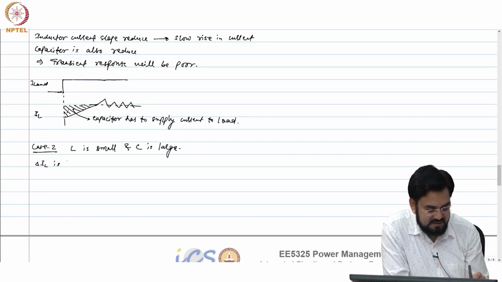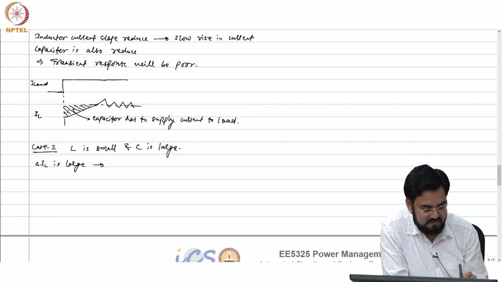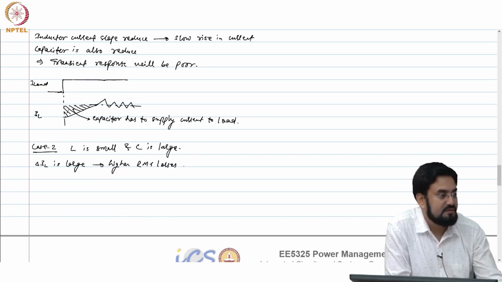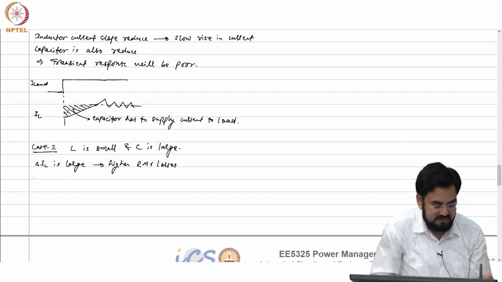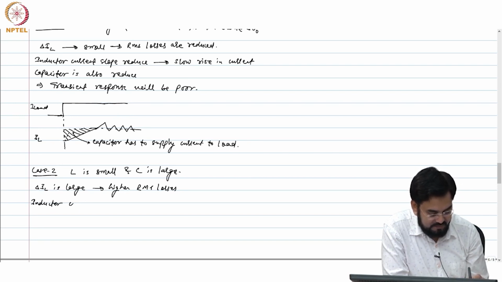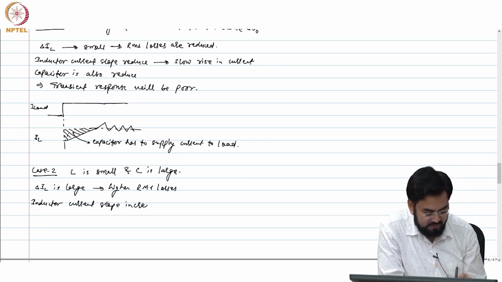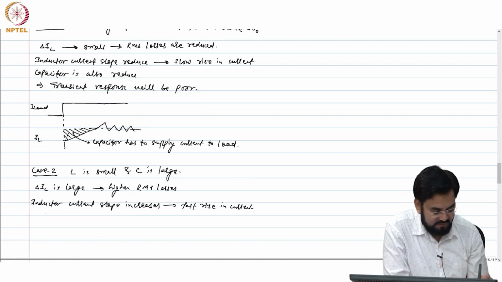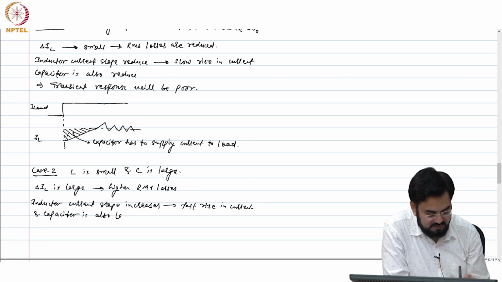Delta L is large, higher RMS losses, then inductor current slope increases, which means first, and capacitor is also large.